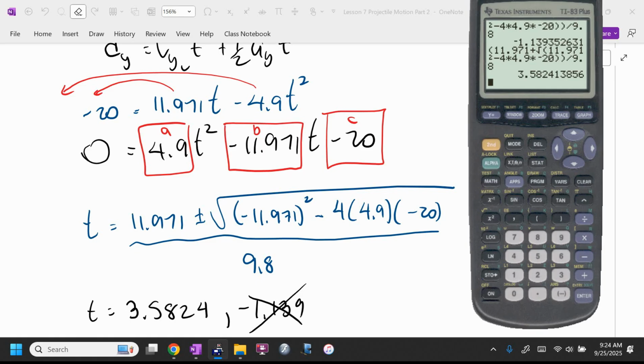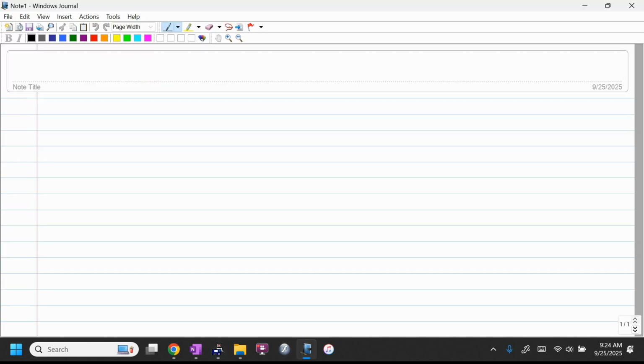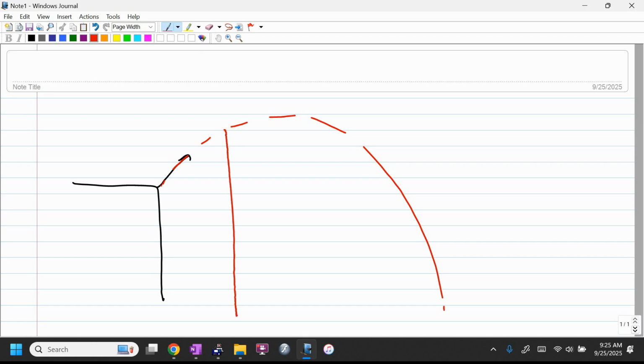Mr. Dueck, will you ever get two positive roots? Yeah, it's possible. Look up. If you launched from a cliff at an angle like that, your projectile is going to look like that. If for some reason you were finding the time at that height right there, you'd get two roots because you're at that height twice.